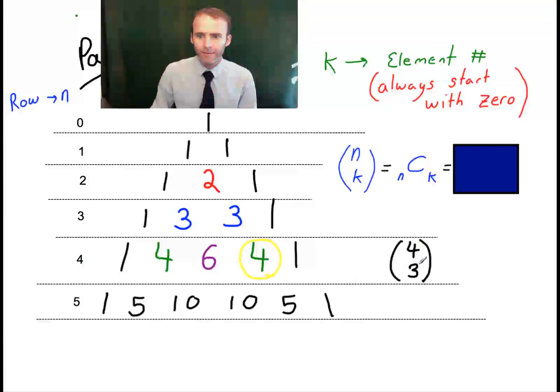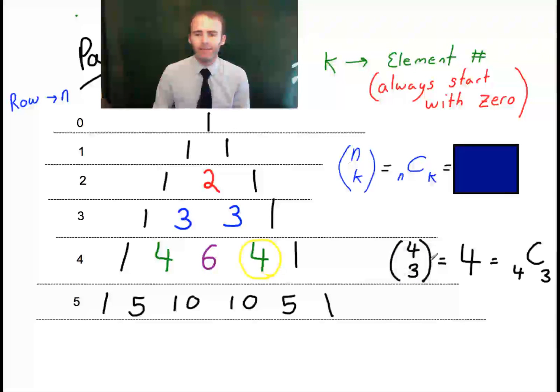So that means that row 4, element 3, gives us a 4. And that would be equivalent to writing it in this form, my row number 4 and my element 3. We are going to concentrate on this style right here, however.